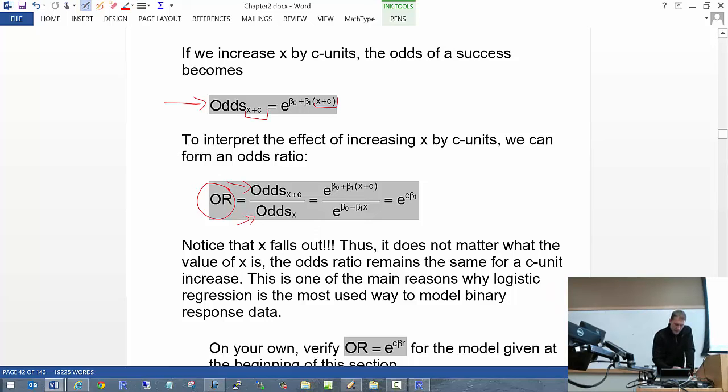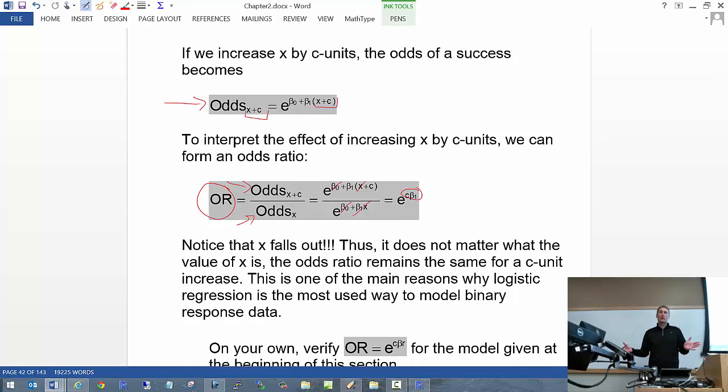And look what happens when I put in the exponential function expressions. Beta 0 cancels out with beta 0. My X here, which is a beta 1 times X essentially, crosses out with my beta 1 times X there. And look what I'm left with. Just e to the C beta 1 up there. And what's so cool about this is that notice X is out of the equation.